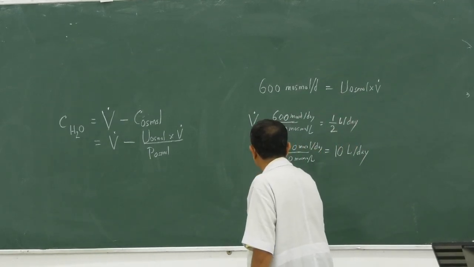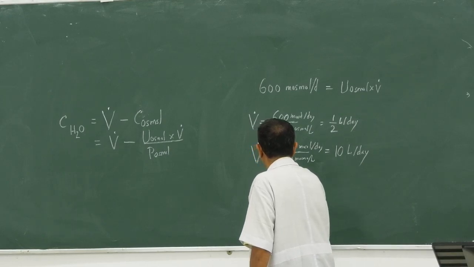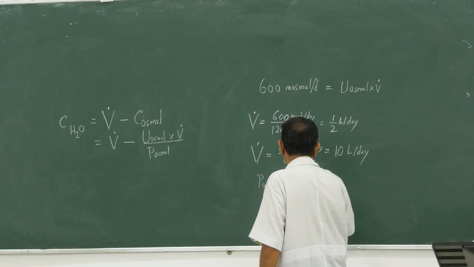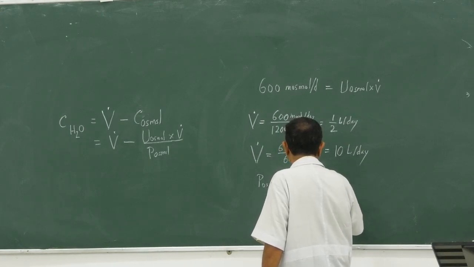And plasma osmolarity is constant, 300 milliosmol per liter.